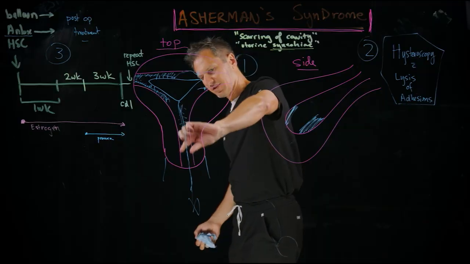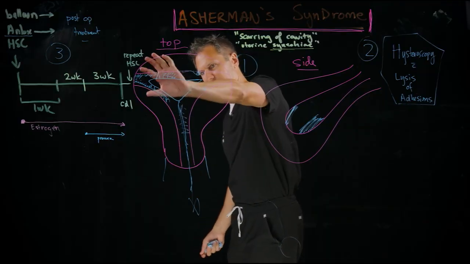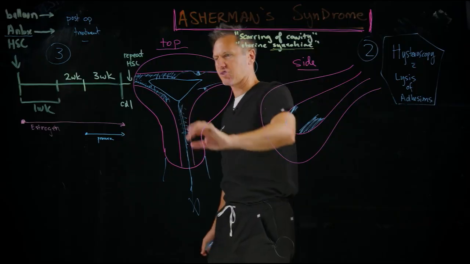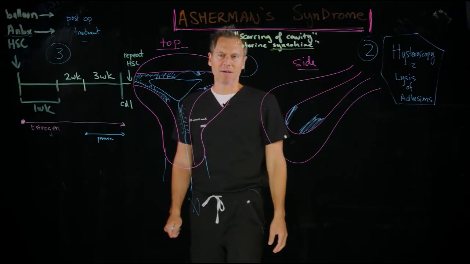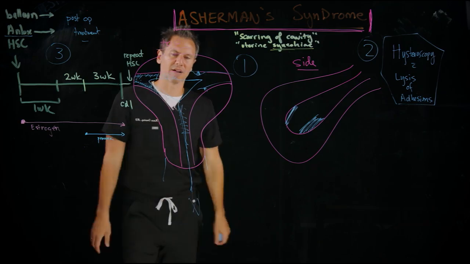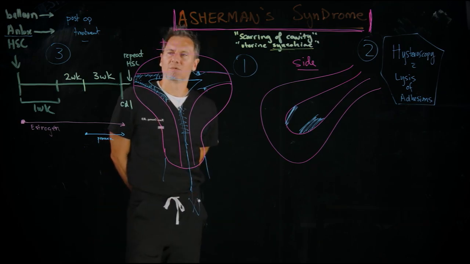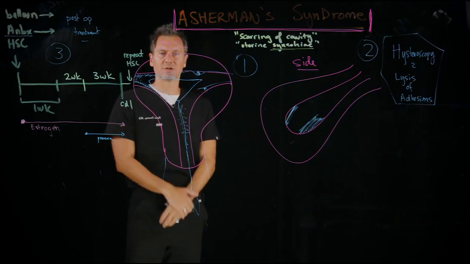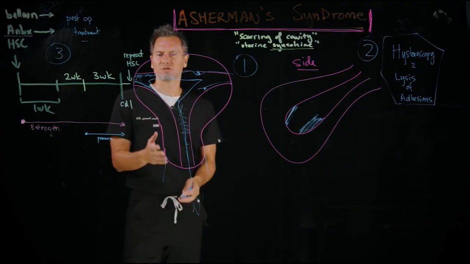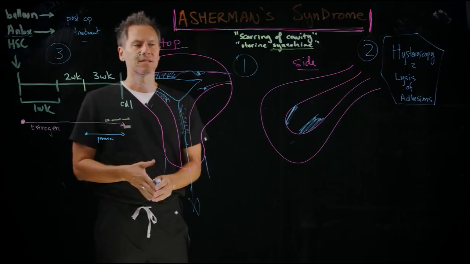Oftentimes you can have scarring here, where the upper part of the cavity is completely normal, but the lower part of the cavity and the cervix is problematic. Maybe there was a perforation, maybe it was from a prior surgery, from a prior D&C. We are very used to finding our way into a uterine cavity, navigating through scar. We usually use ultrasound guidance to do these things.